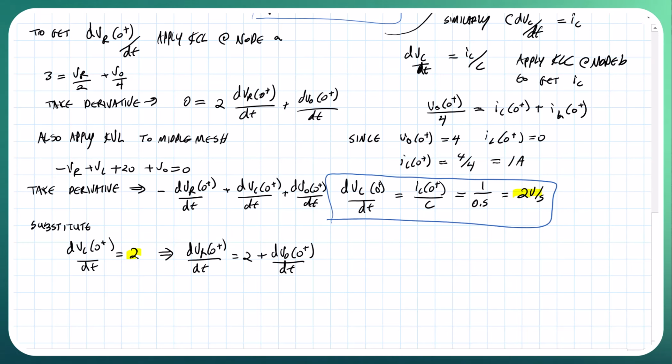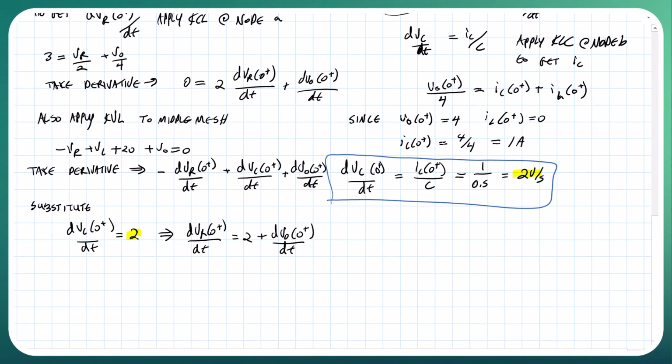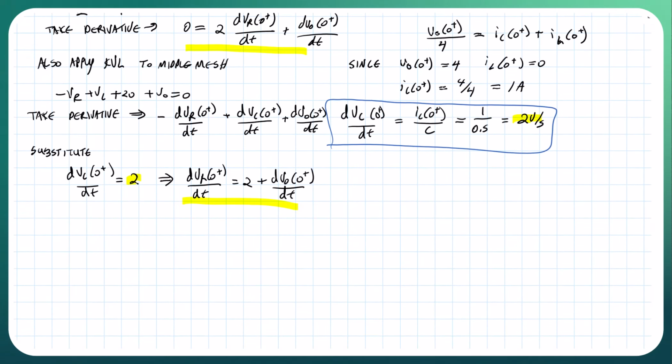Okay, and then further substituting this into the previous equation, so we have this equation up here and this one here, we can further simplify this. I'm going to scroll up. dVR over dt is equal to 2/3 volts per second.